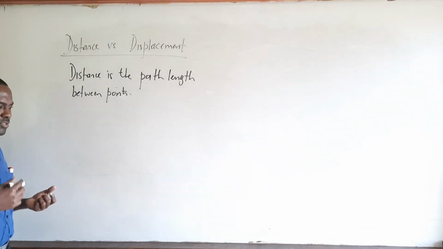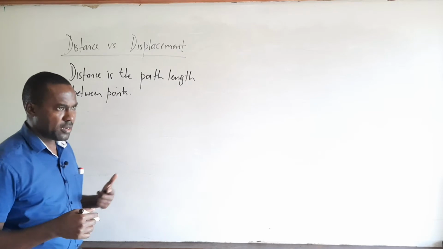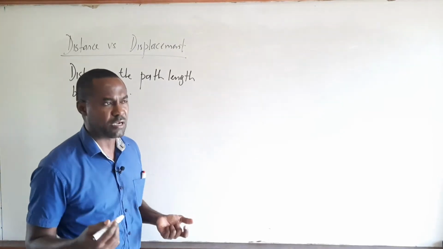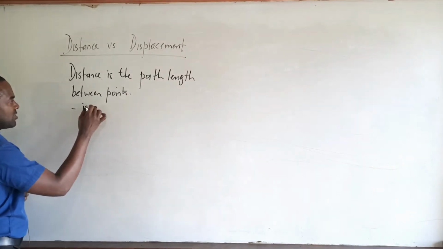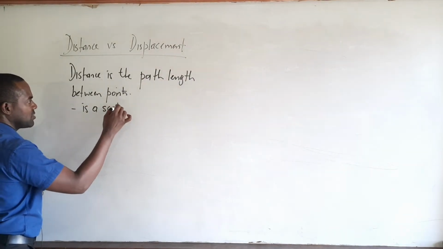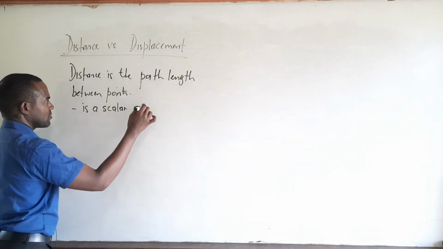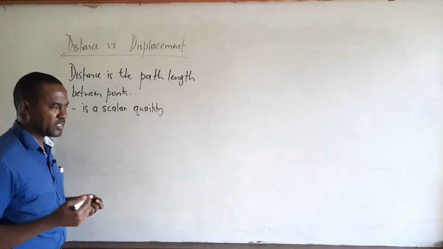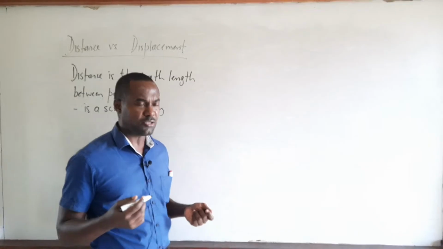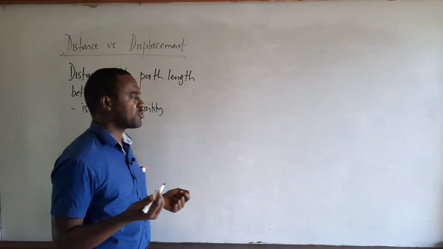If you walk a certain path between 2 points, then the length of that path will give the distance traveled. Distance is a scalar quantity. And of course, being a scalar quantity, it means that it has magnitude or size, but no direction, right?